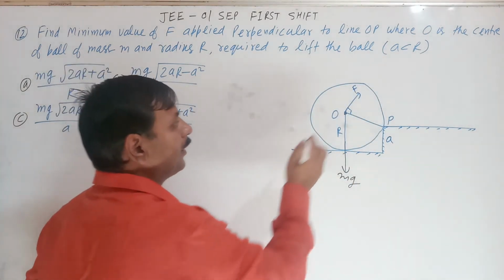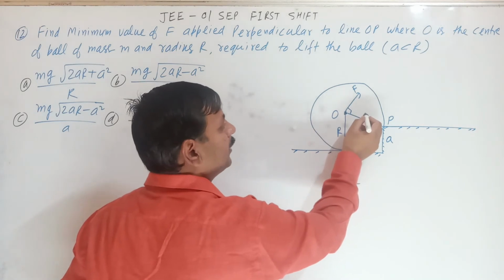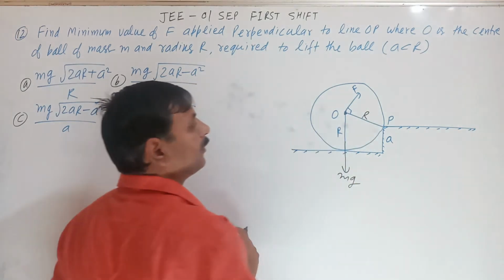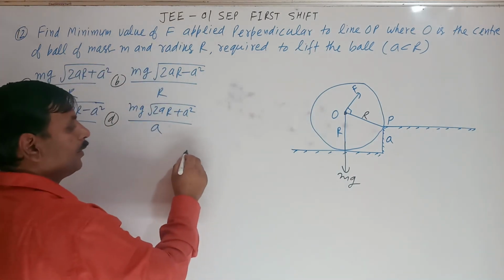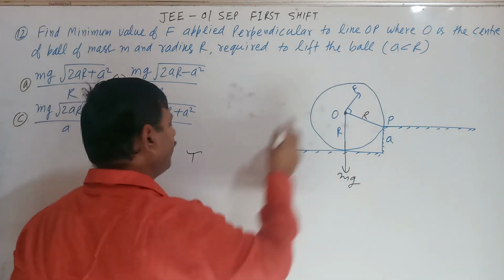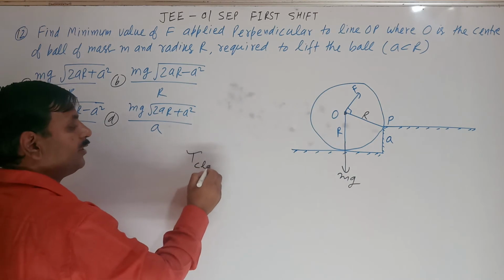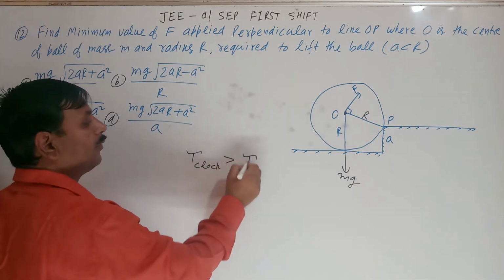So what will be the torque produced by force F? This is R. So torque produced by force F clockwise, ये क्या होना चाहिए बच्चों? That is greater, क्या होना चाहिए?